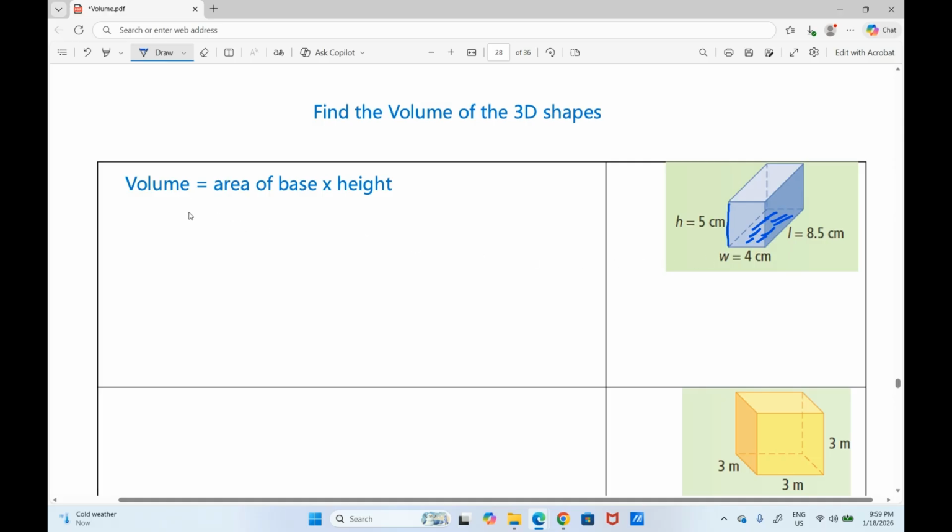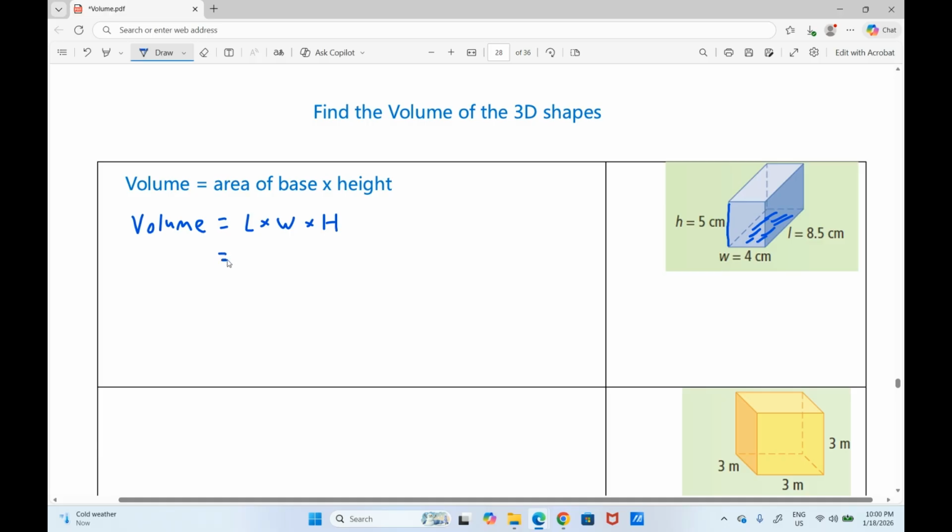So to find the area of my base, I'm simply going to do 4 times 8.5, and then I times that by 5, how tall it is for my height. Because of that, the volume for a rectangular prism is always going to be length times width times height.